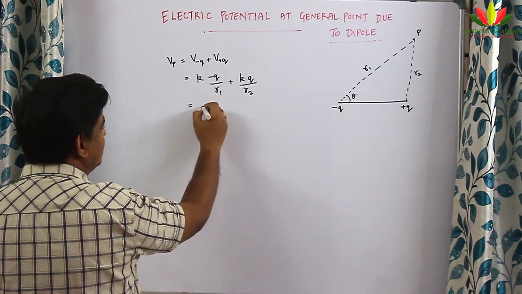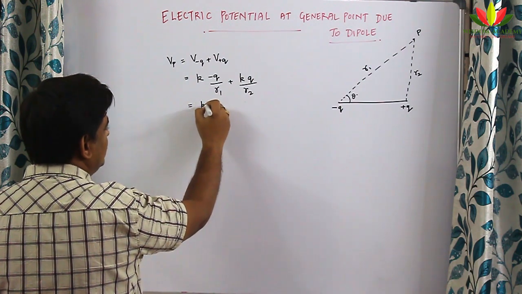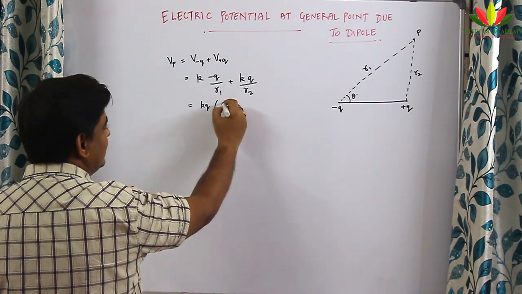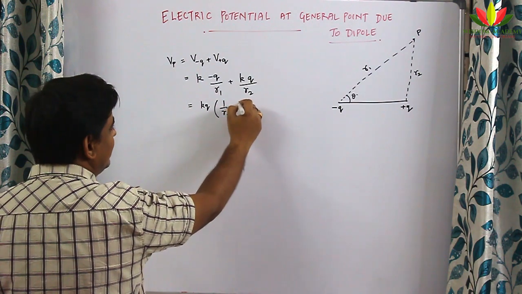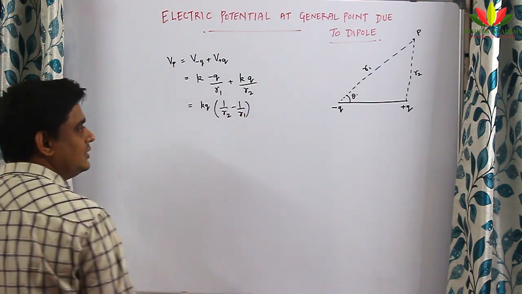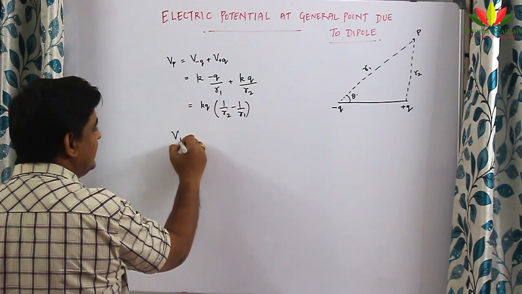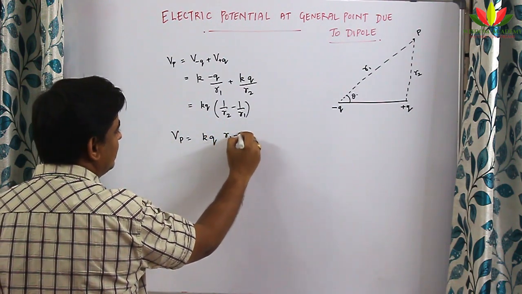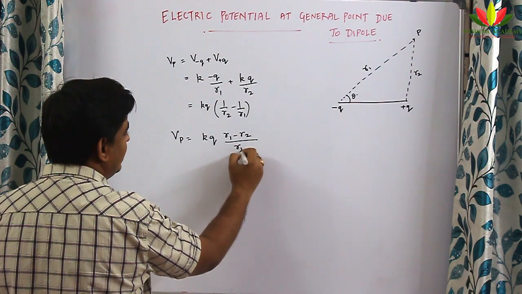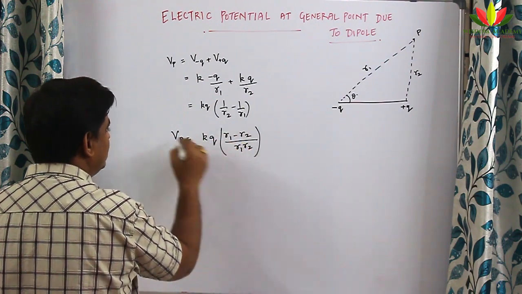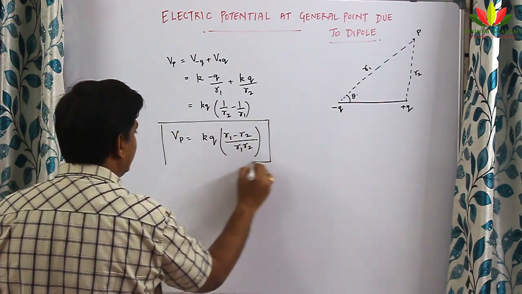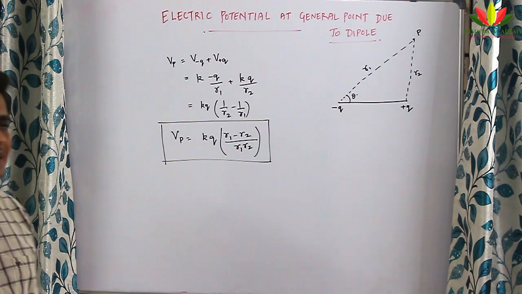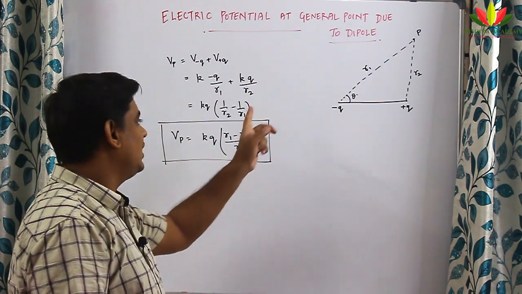Then if I take k q common, then what I get? 1 by R2 minus 1 by R1. So when I solve it, I will get V at P is equal to k into q into (R1 minus R2) by R1 R2.